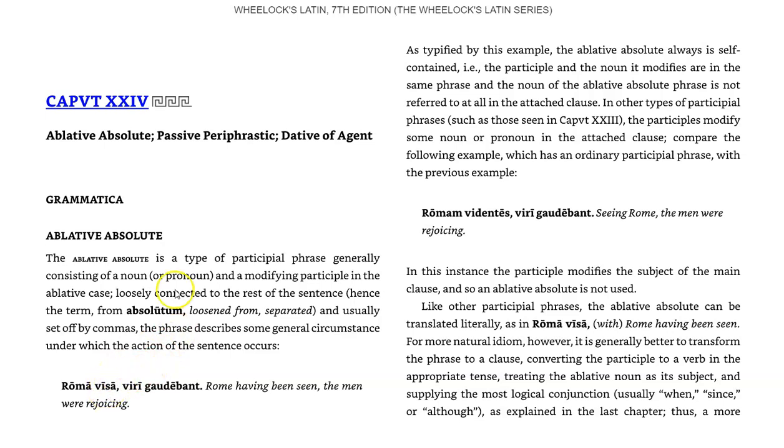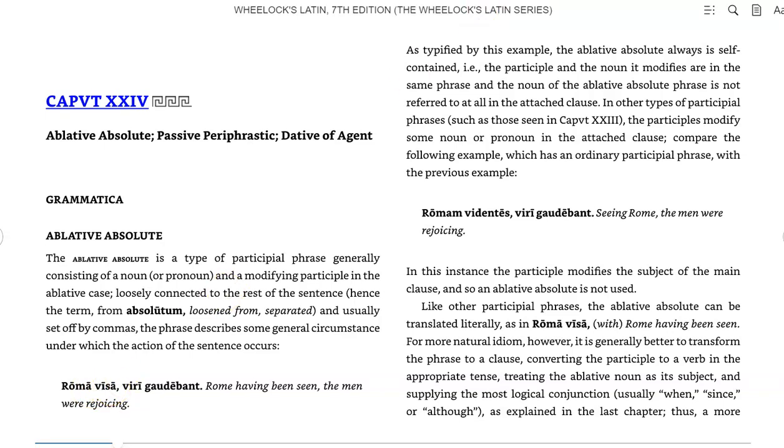So let's take a look at the first one here, and you'll see how it explicates the introductory note for the ablative absolute. So we have Rome visa vire gaudebant, and they give us a translation here. So how do we recognize the ablative absolute? Well, the first thing, of course, is we have to recognize the ablative endings.